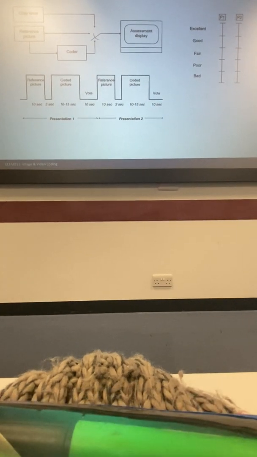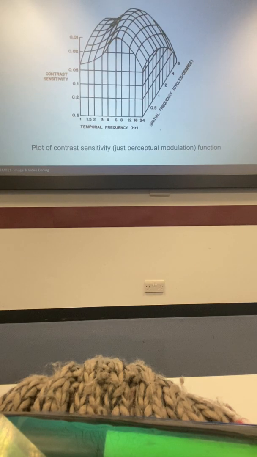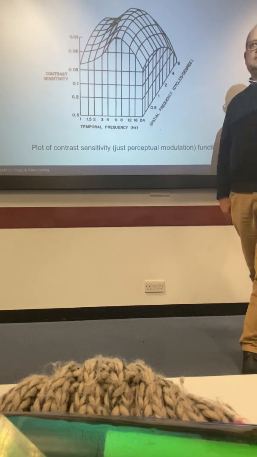Very often, these kinds of studies are done by the MPEG group, by the codec development people, and by television channels. This is something I want you to be aware of: the sensitivity of our eyes is not flat in terms of spatial frequency and temporal frequency.